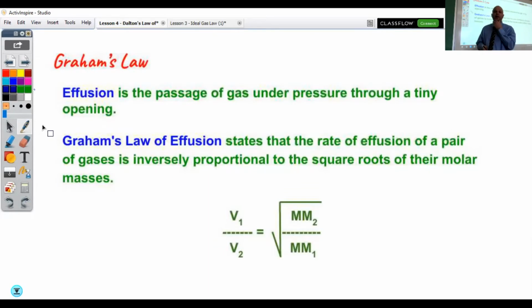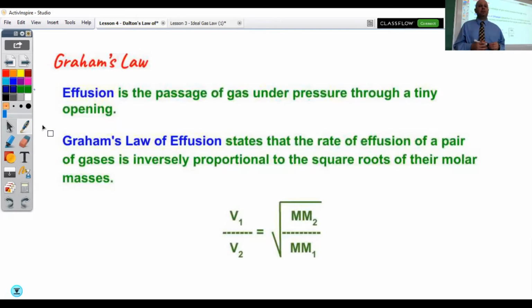Well, when we're talking about gases, effusion refers to the process where gas passes through pores, almost like pores in a balloon. Now, Graham's law of effusion talks about how fast that process occurs and is usually used to compare the effusion of two different gases.